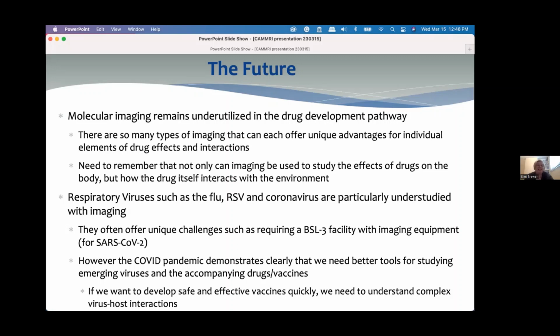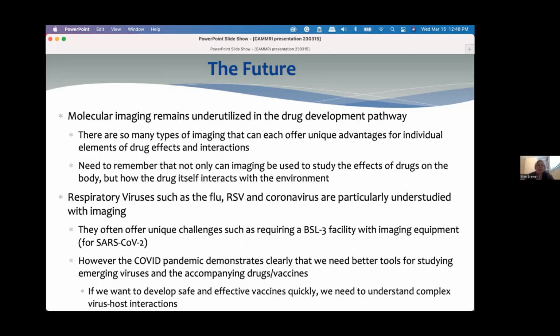For some reason, SARS-CoV-2 is actually still a level 3 pathogen, even though you're more likely to get it from the grocery store than you are from actually working with it in the lab. So we're hoping it eventually comes down to a level 2 before too long. But that means that you have to have the equipment in a specialized lab, and there are very few places. London is one of them, but there are very few places that have that type of imaging equipment.